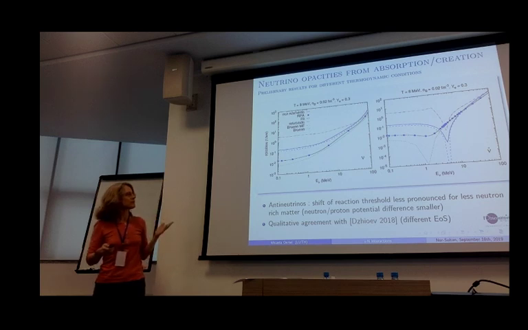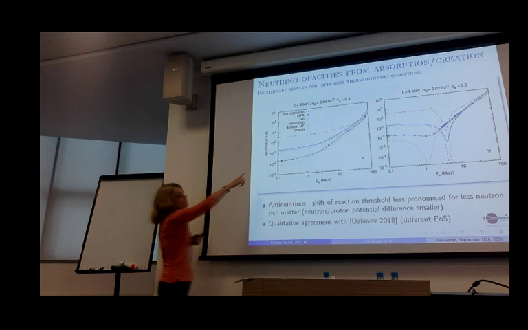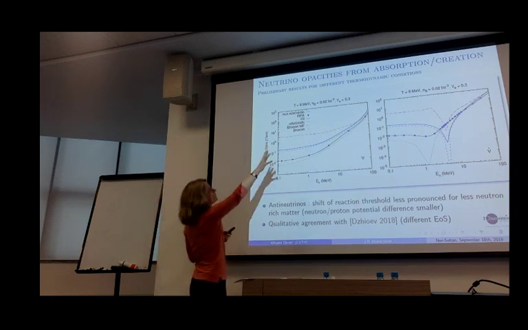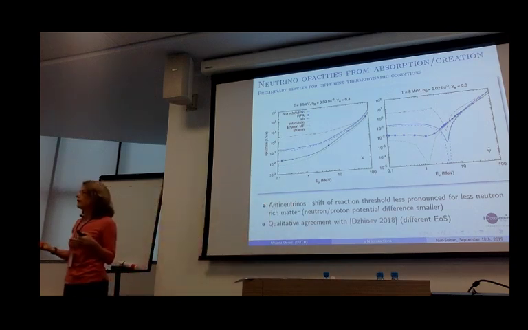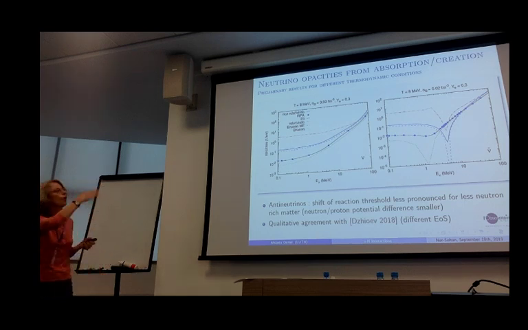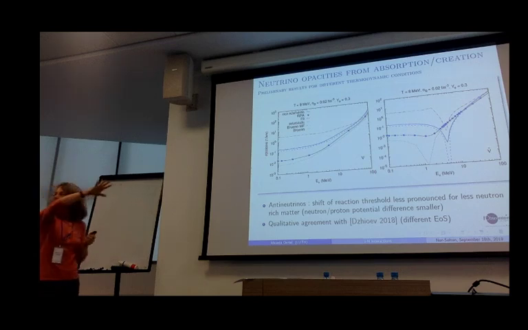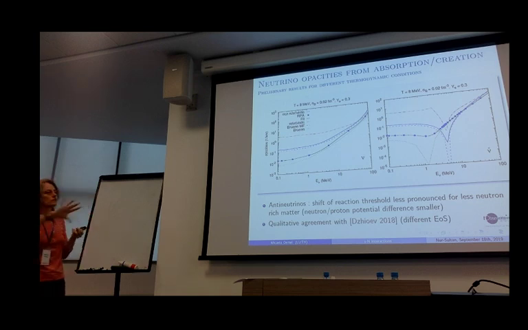Then what people did, because in the simulations it depends a lot on the thermodynamic conditions, and doing such a curve for different neutrino energies already takes a lot of time to calculate the reaction rate, is that you cannot do on the run the numerical integration of matrix element and phase space to get the reaction rate. So what people did is they took these analytic approximations and put some correction factors.